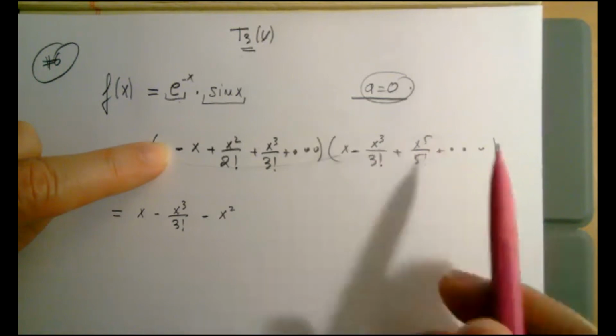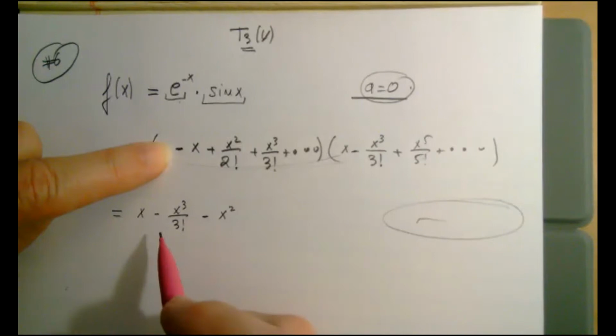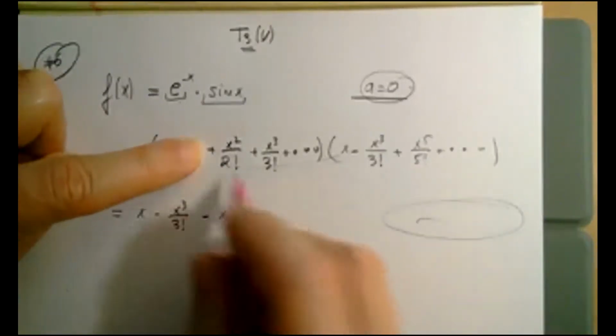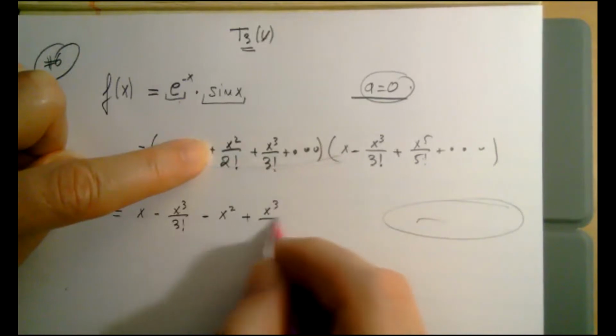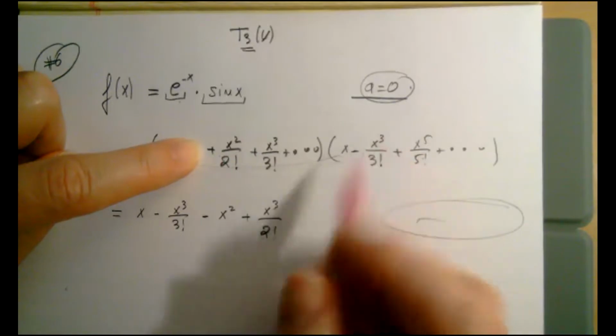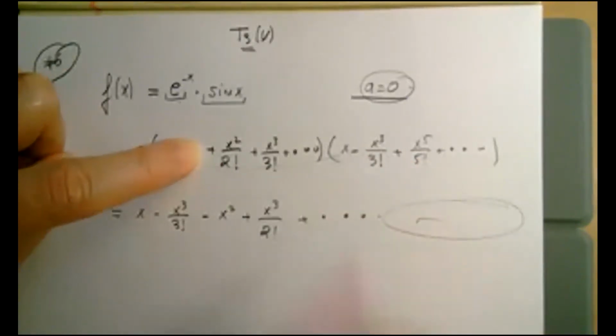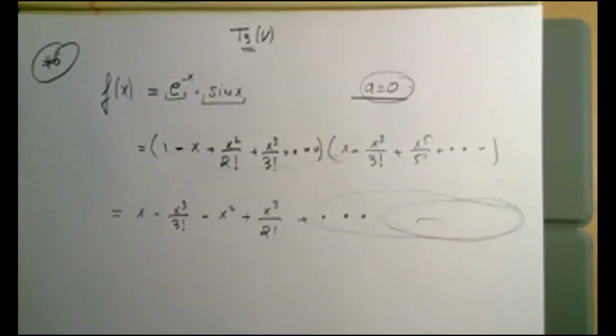No, because this is x to the fourth, and I don't care about it. I know it's somewhere in here, but I don't care about it. Plus x cubed over 2 factorial, plus minus, it's going to give me x to the fifth and a bunch of terms. I know that there are a lot of terms here, but I only want T3.